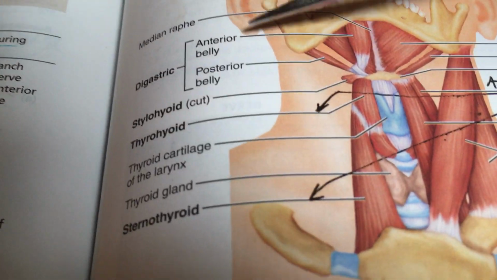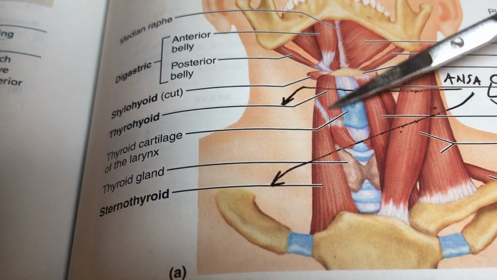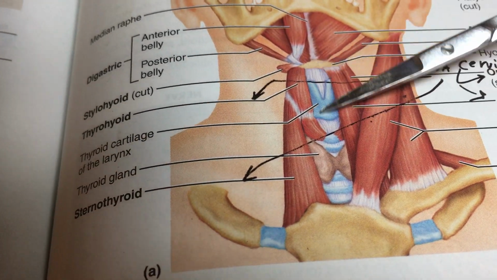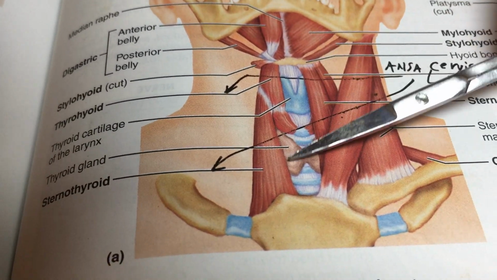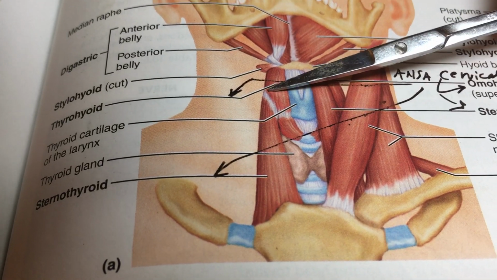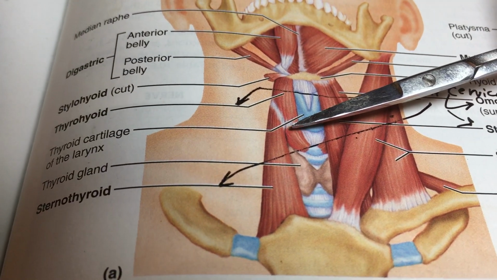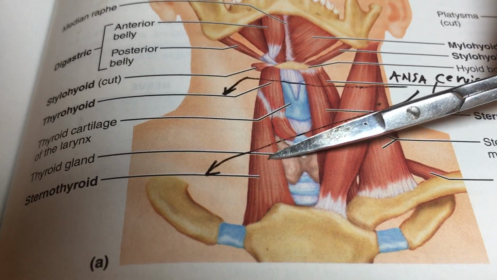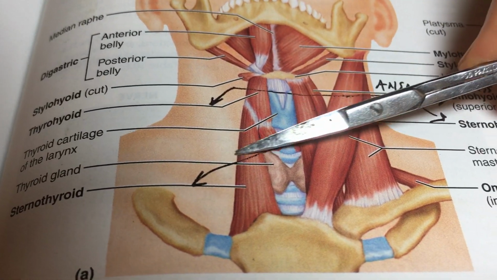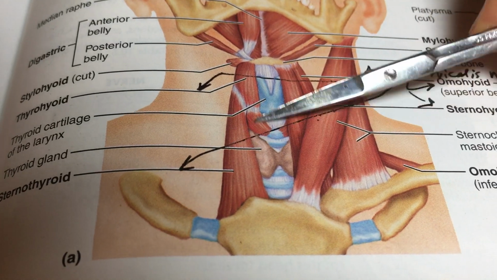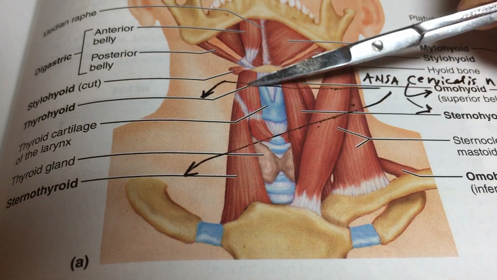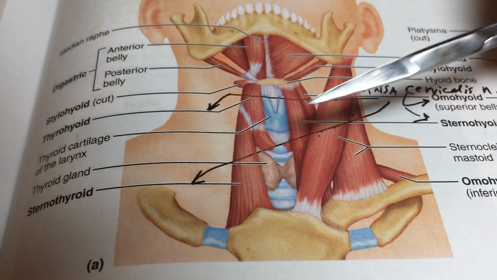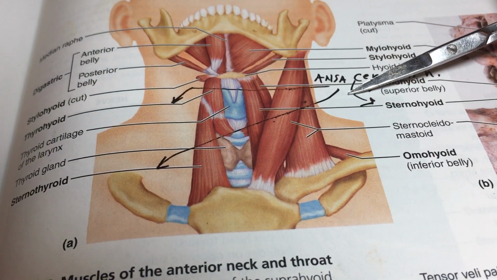It's a little loop that hangs down right here, deep, from the cervical plexus. The cervical plexus is the nerves of C1 through C5, and the ansa cervicalis is a loop of nerve with little branches that come off and take care of these strap-like muscles.